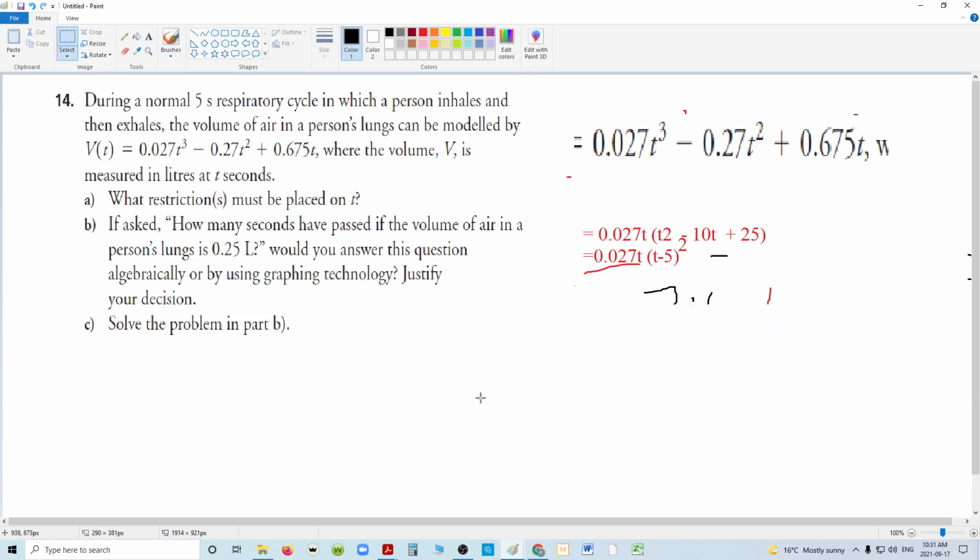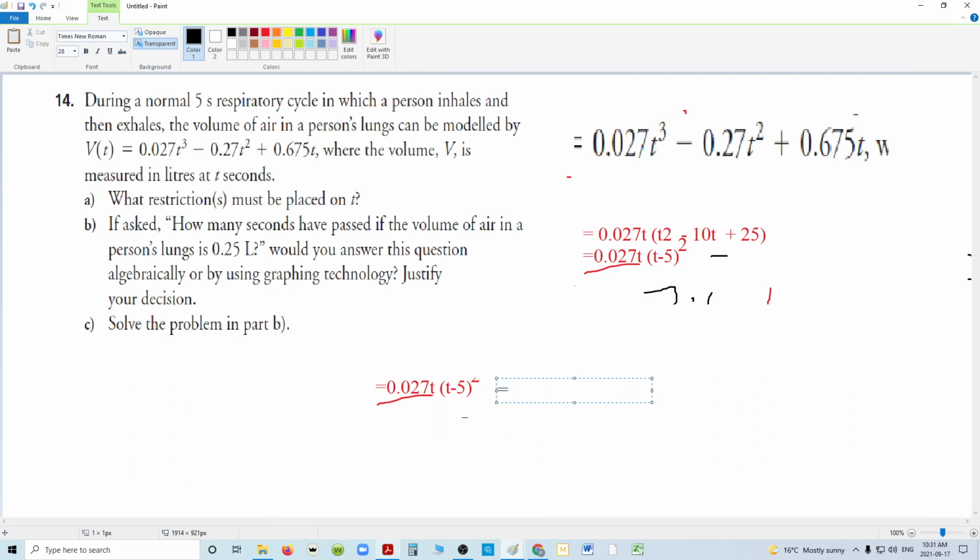But to figure out exactly when this is equal to 0.25 liters, I would just readjust it so that everything is on one side of the equation: 0.027t times (t minus 5) squared minus 0.25. When is that equal to 0?